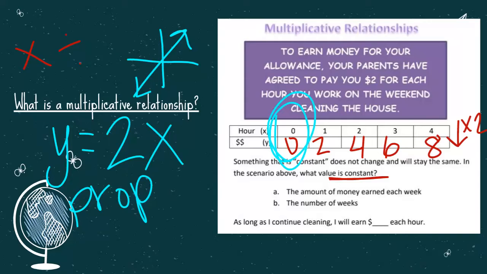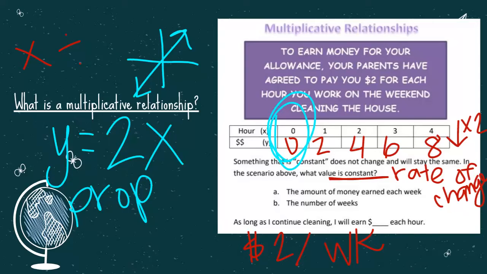We have a constant rate of change in this problem, and our constant rate of change was that $2 I earned every week, no matter what. So the only thing that was changing in this sense is the number of weeks. As long as I continue cleaning, I will always earn that $2 per hour.